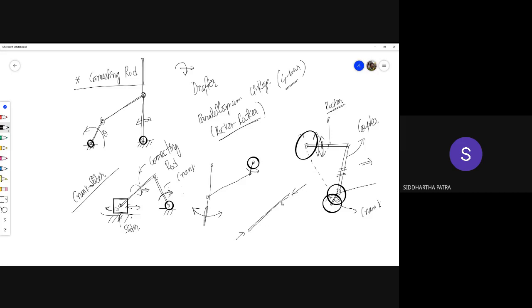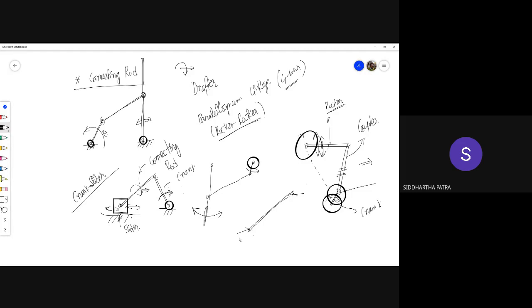So the forces are not along these two lines. The forces are coming from different directions at these two joints, and therefore this member is subjected to both axial load as well as bending sort of load.